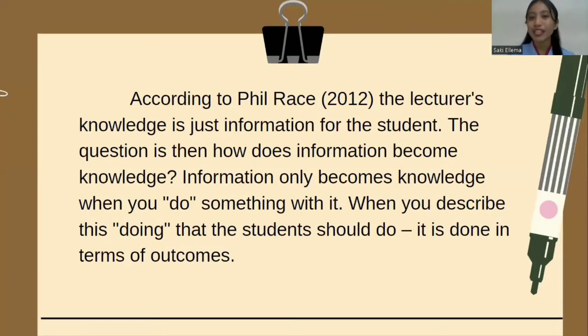According to Phil Ray, 2012, the lecturer's knowledge is just information for the students. The question is, then, how does information become knowledge? Information only becomes knowledge when you do something with it. When you describe this doing that the students should do, it is done in terms of outcomes.